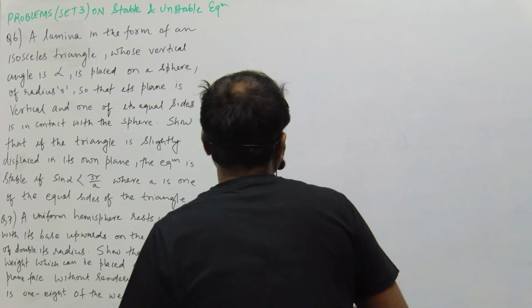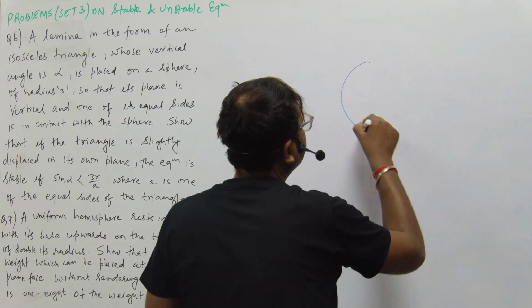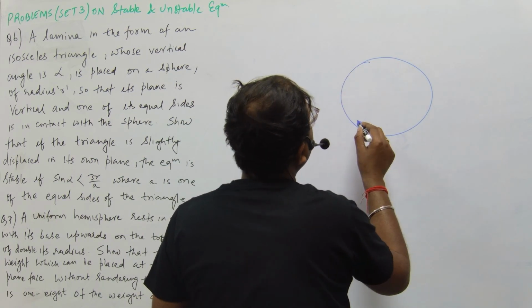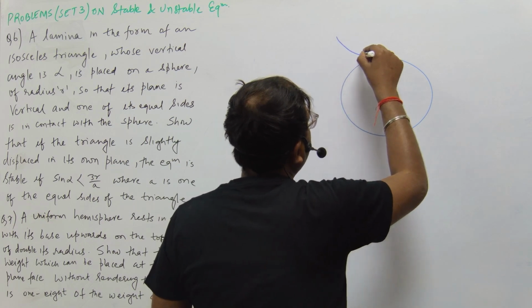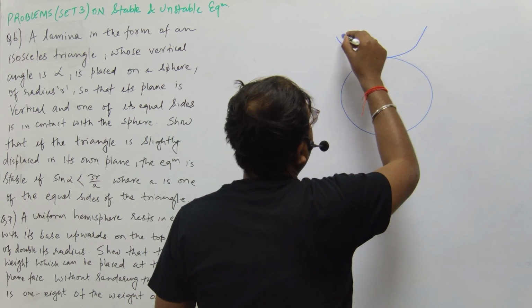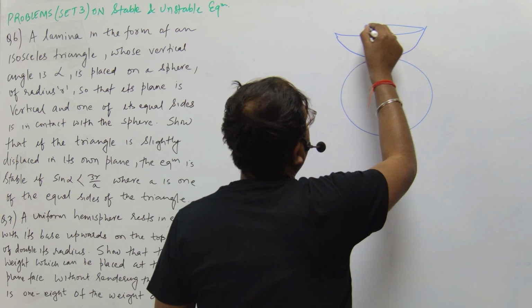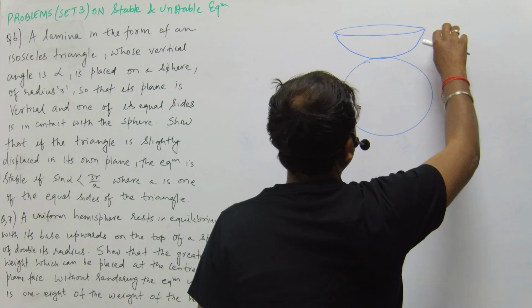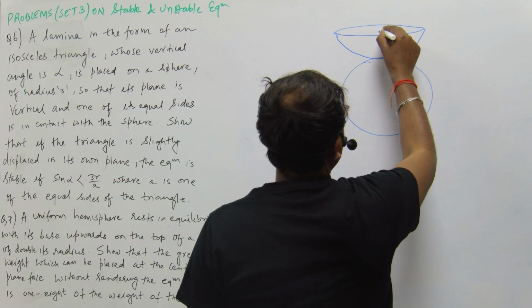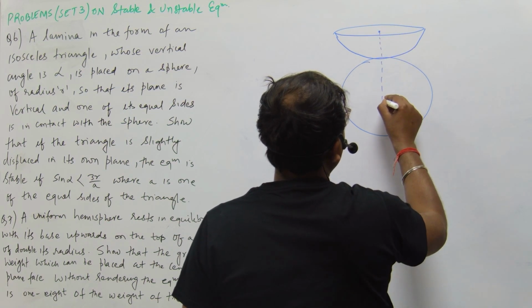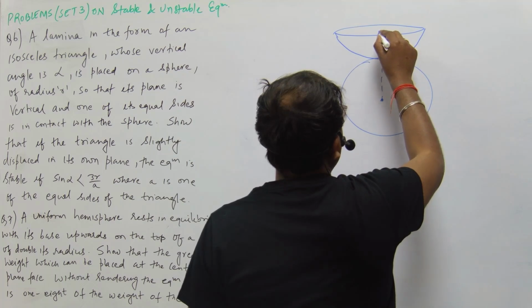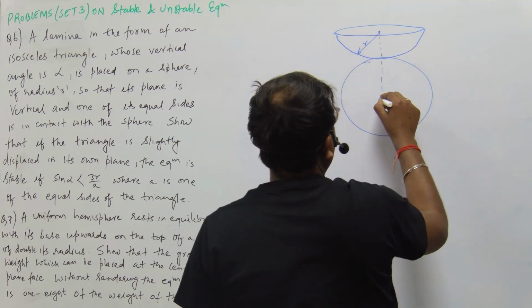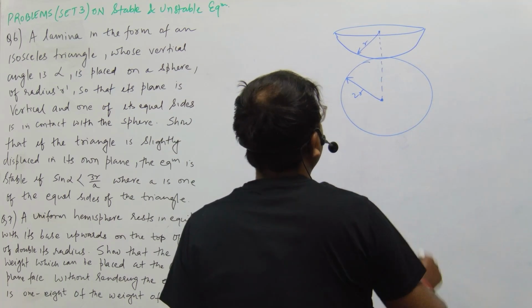We have a sphere like this, and there is a hemisphere. The radius of this is r, and the radius of the sphere will be 2r.